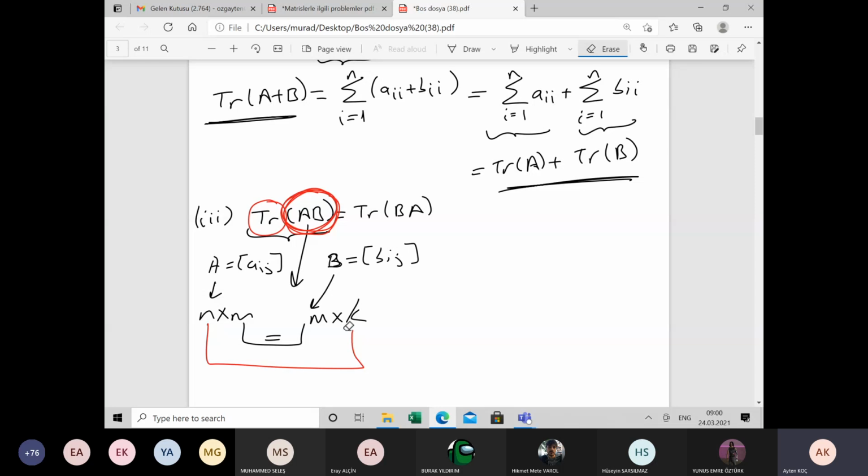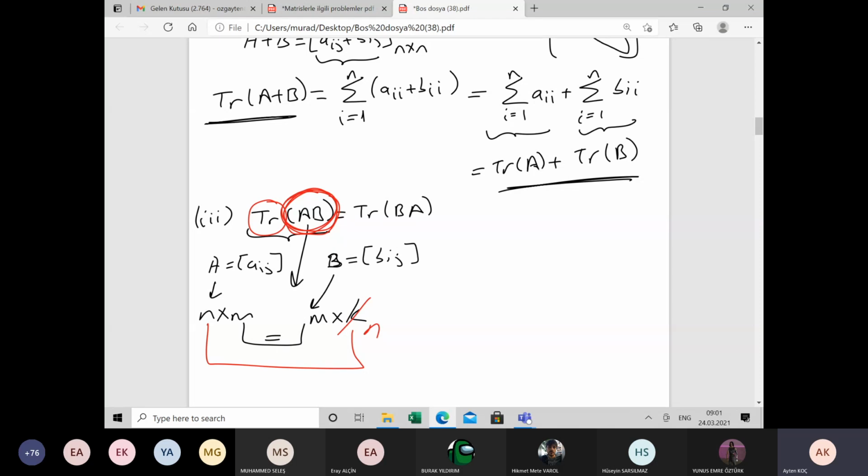So we obtain this one. And also the trace of BA. The M is M by N, and this one is defined, not undefined. So this one should be square.